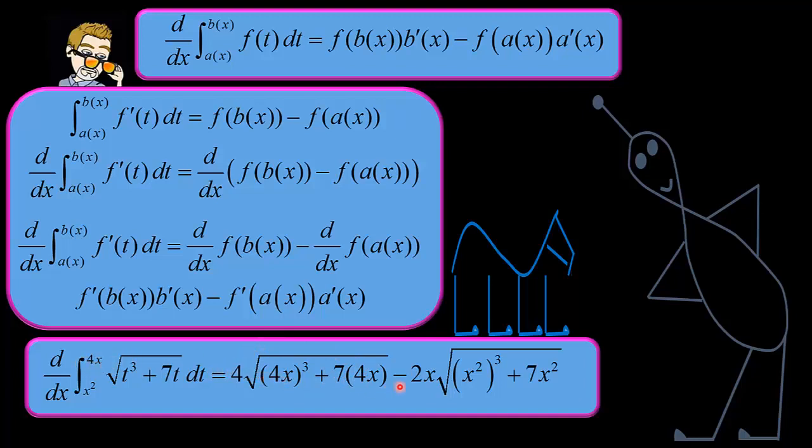Okay, that one's finished. Minus, now I'm going to plug in the x squared. Okay, I plug in the x squared in place of t. See? And then I plug in the x squared in place of t here. And then I multiply this term by the derivative of x squared, which is 2x. And there you have it.